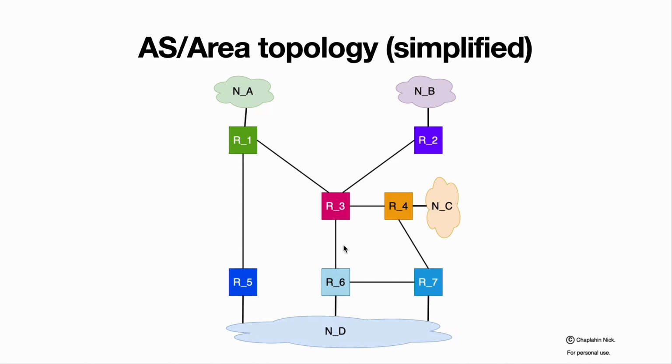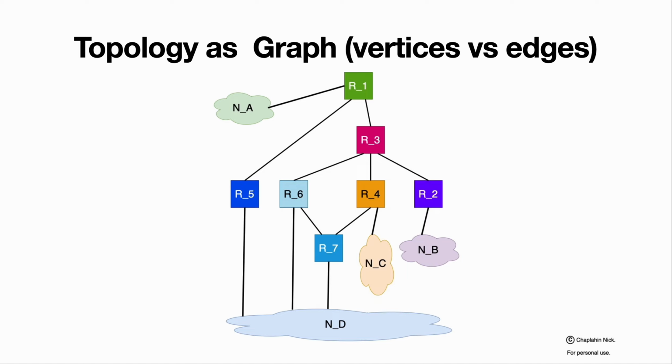So this topology can be represented in graph form, or not exactly a tree, graph form, with one of the entities as a root, all other entities as vertices, and interconnections as edges.